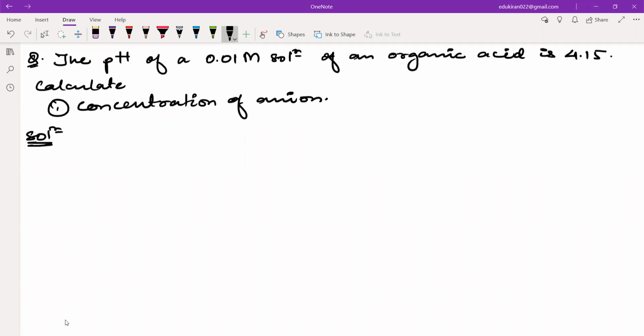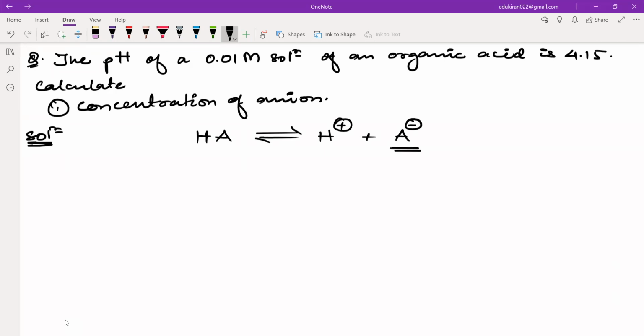So listen here, don't write. Concentration of anion, what does it mean? It means that if you have an acid HA, it is going to get dissociated into H plus and A negative. So this is the anion, and it is asking the concentration of the anion.